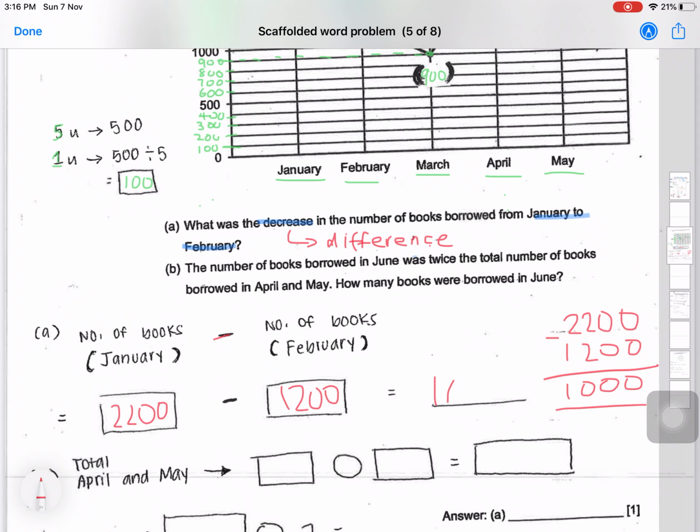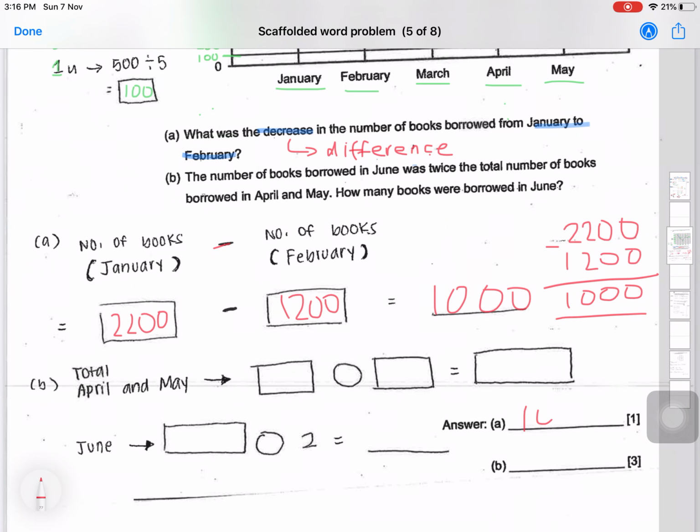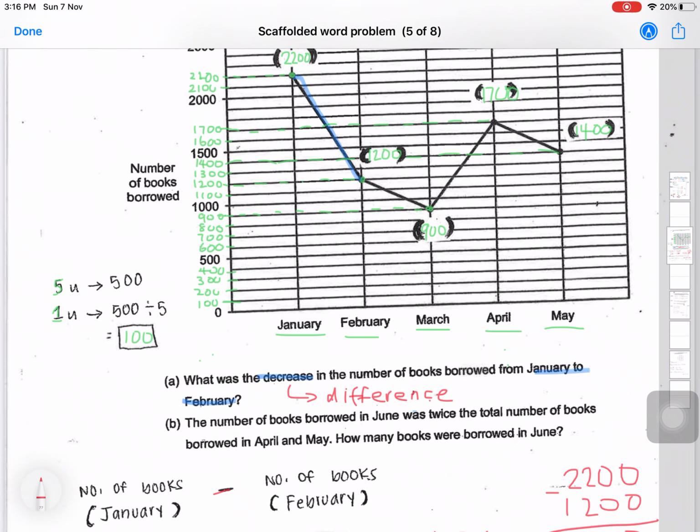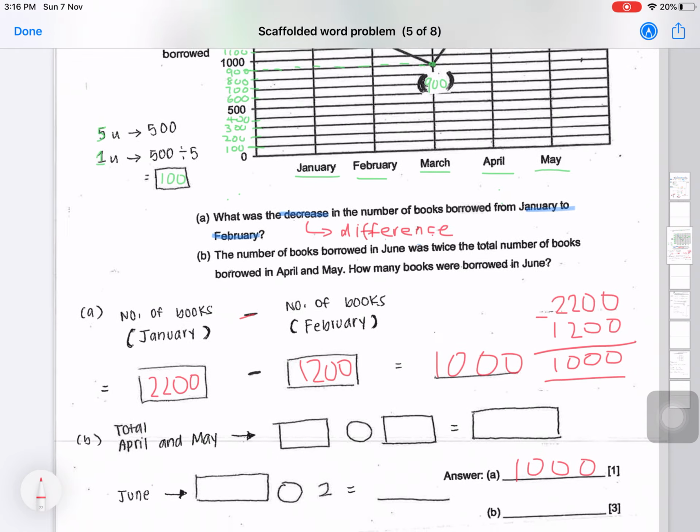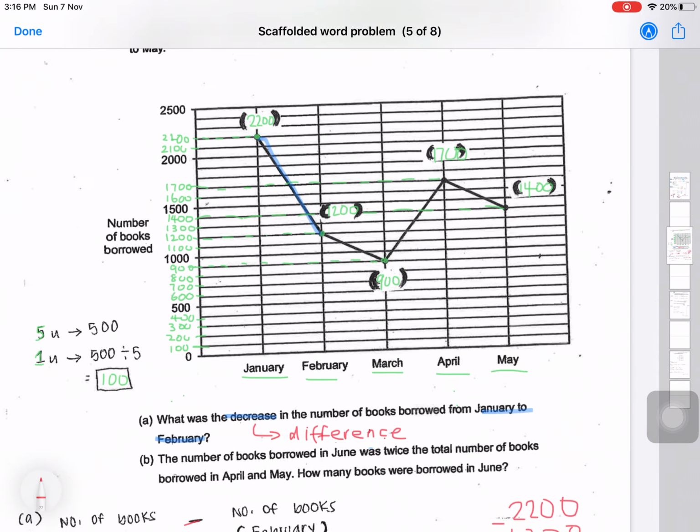That is 1,000. So the difference, which is the decrease in the number of books, is 1,000 books. So there are fewer books borrowed in February by 1,000. That's the difference. Let's find question B.